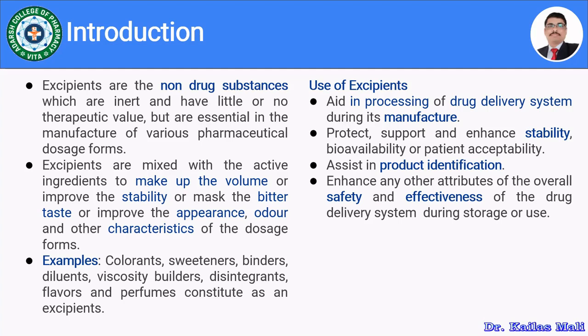So they act as a processing aid in the manufacturing of dosage forms or cosmetics. Then they protect, support, and enhance the stability, bioavailability, and the patient acceptability of the particular dosage form.